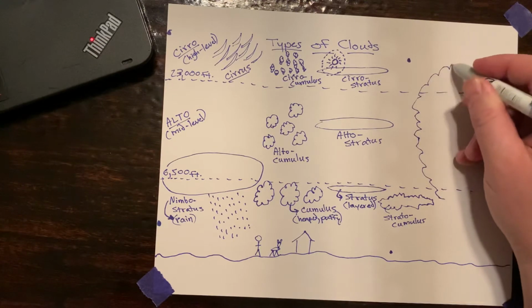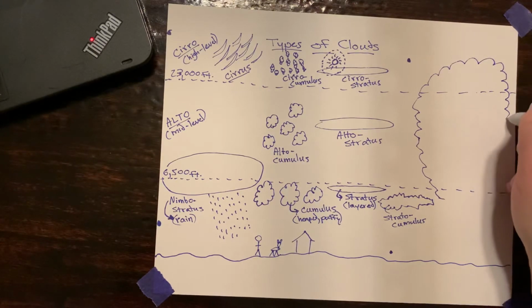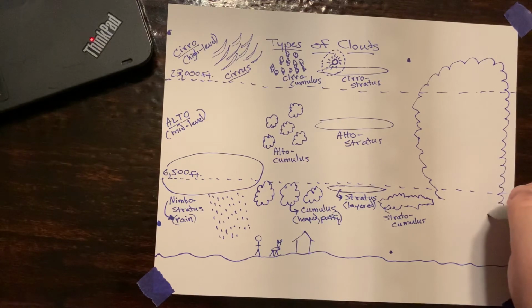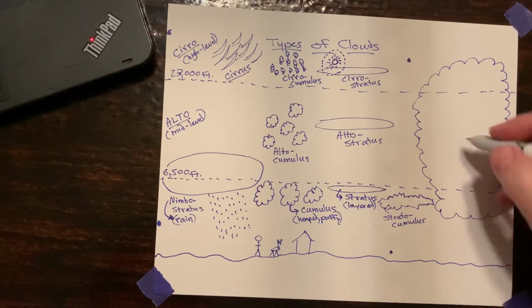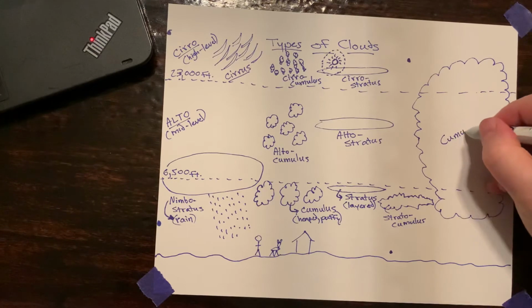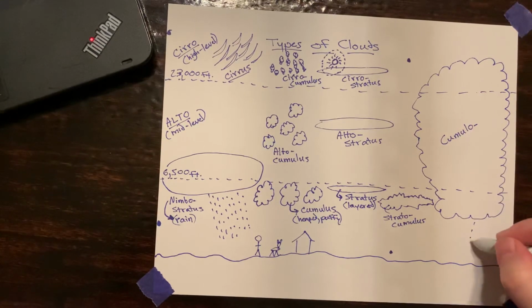Sometimes they'll even call them anvil-shaped clouds because they look like an anvil from a cartoon. They're just huge, and they take up all three layers, and they're big and puffy like that. And this is called a cumulo because it's all puffy, and then it is producing tons of rain.